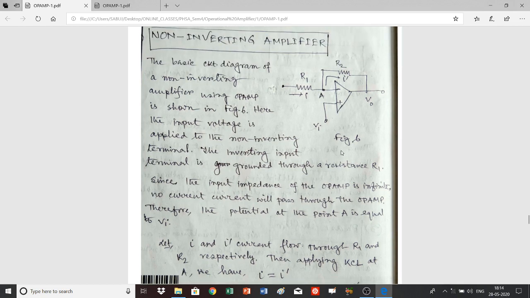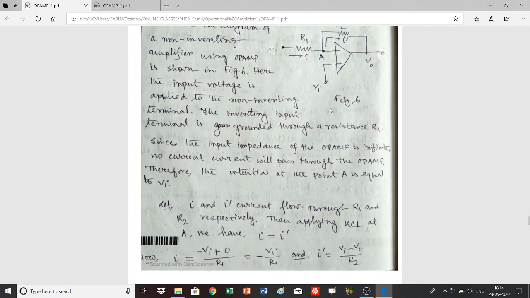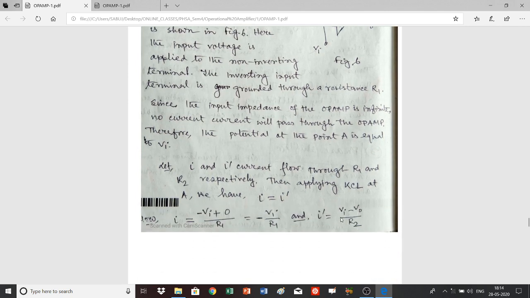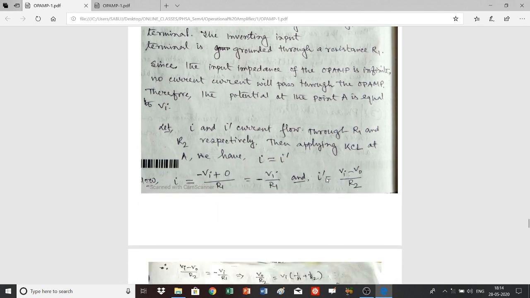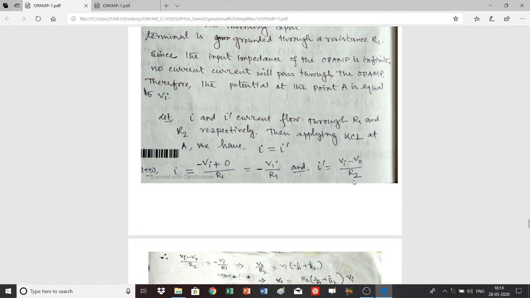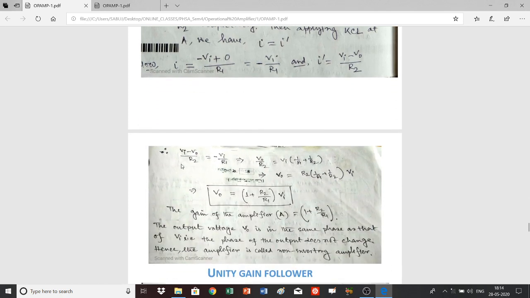And I prime is equal to the voltage difference between these, that means Vi minus V0 by R2. Since these two currents are equal, this quantity and minus Vi by R1 will be equal. So we write here Vi minus V0 by R2 is equal to minus Vi by R1.